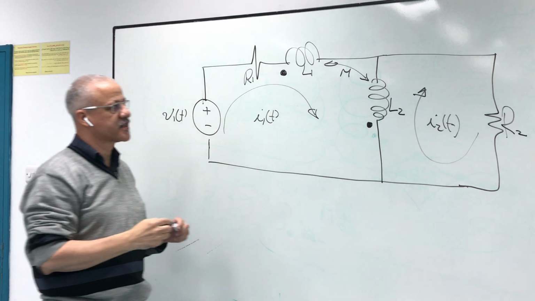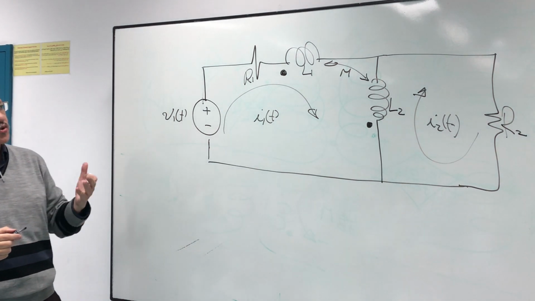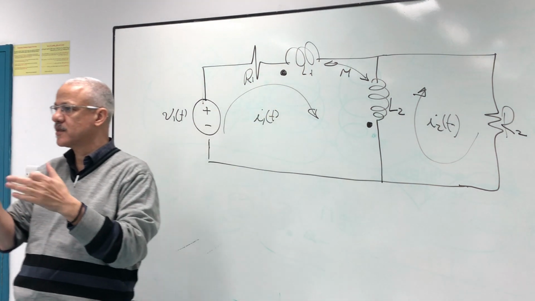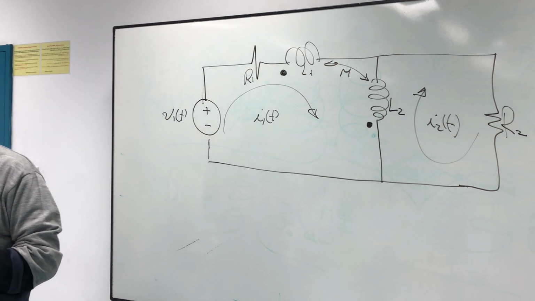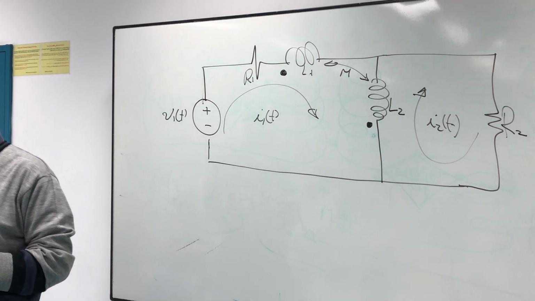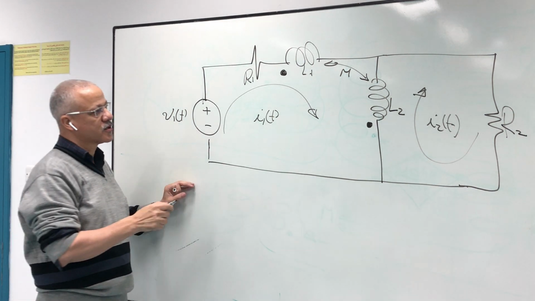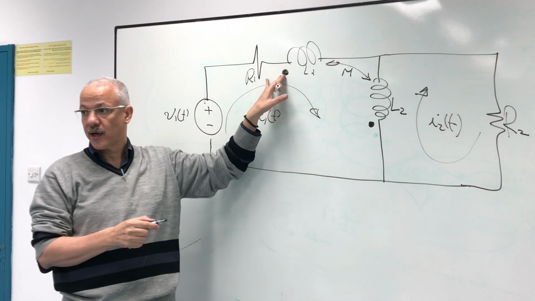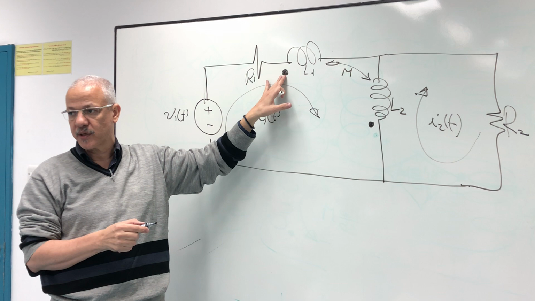It is very, very simple to derive this one. So which one are you going to apply, the dependent source or plus minus M? I think plus minus M is a little bit easier, so we'll go with this one. Here the current I1 will enter this point.